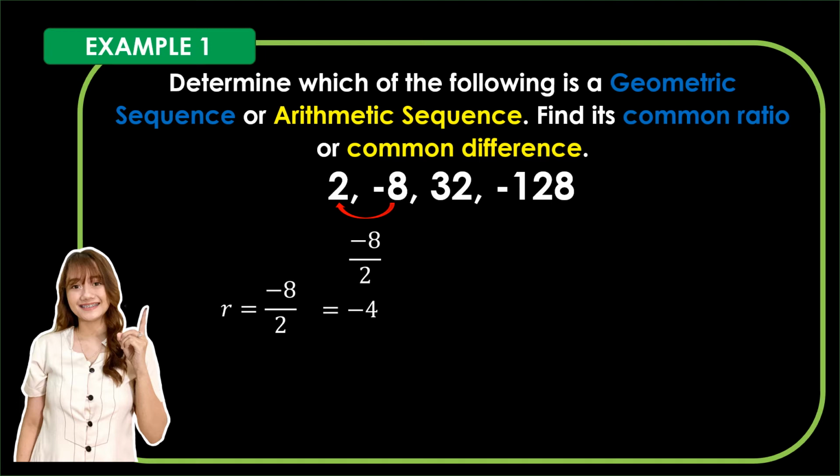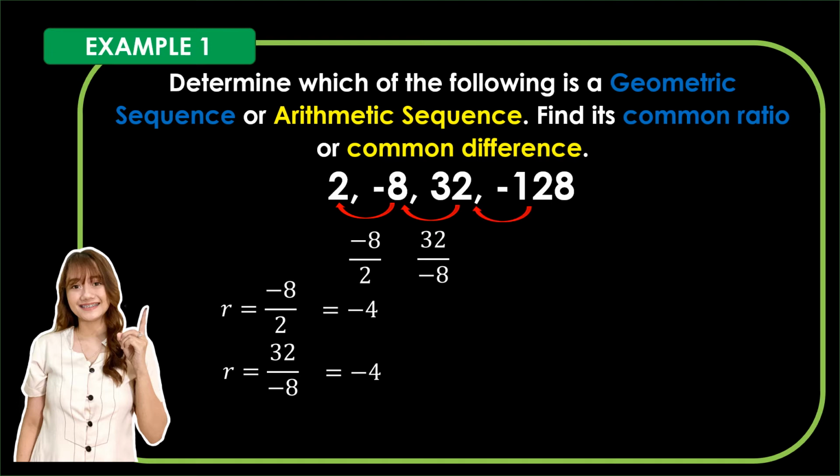Now let us try with the third and second term of the sequence. So we have 32 divided by -8, which gives us -4.